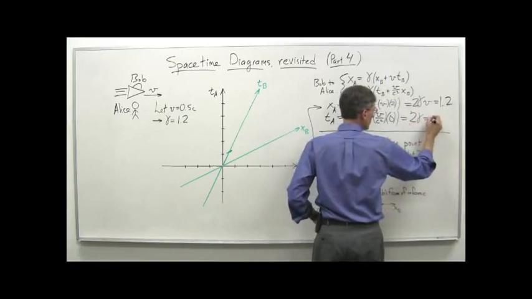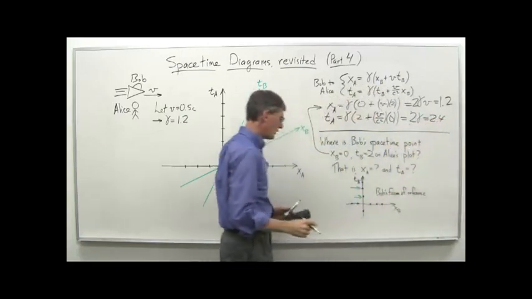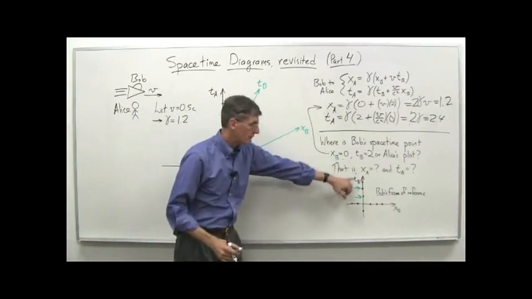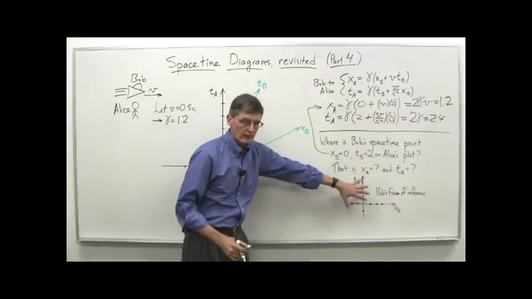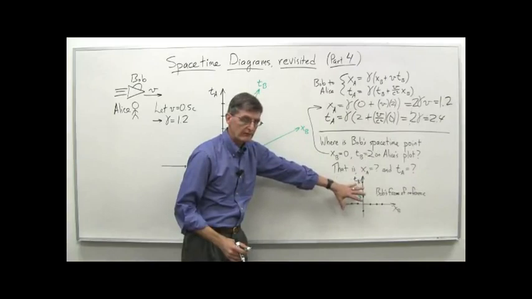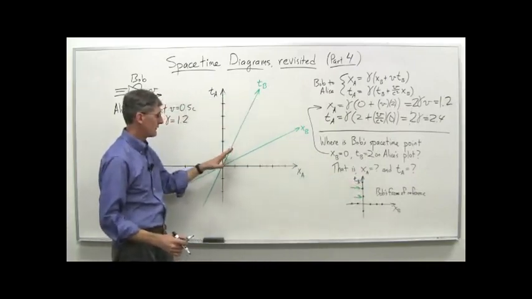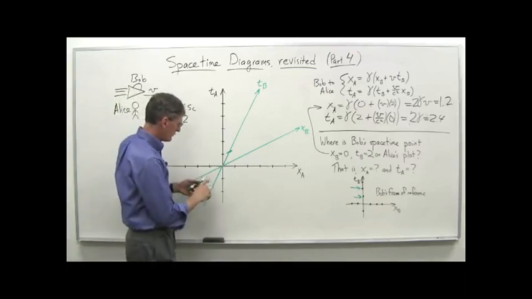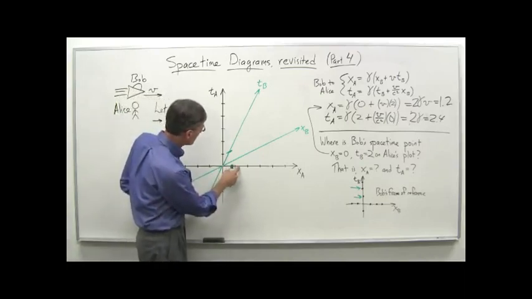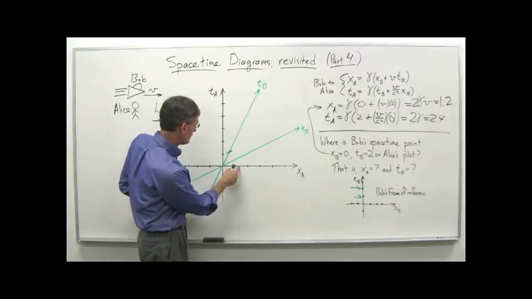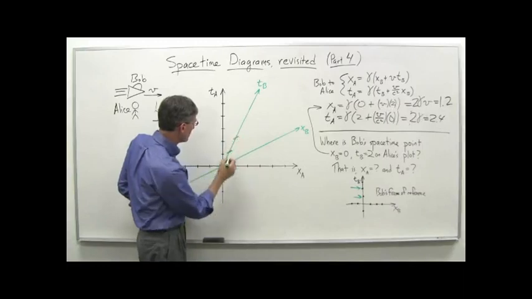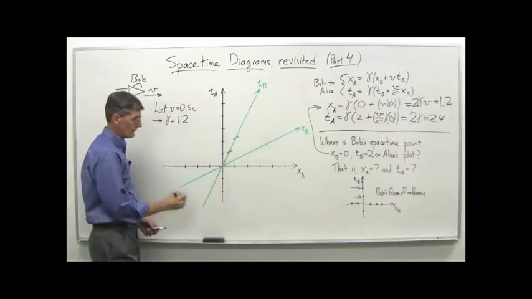And 2 gamma is simply 2.4. So now we have another point: the point xb equals 0, t sub b equals 2, on Bob's plot for his frame of reference, transformed onto Alice's frame of reference into the point x sub a equals 1.2, and t sub a equals 2.4. So roughly speaking, it looks like it's someplace right around there. Okay, so that's that tick mark.